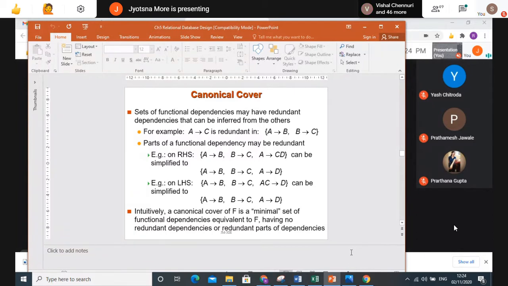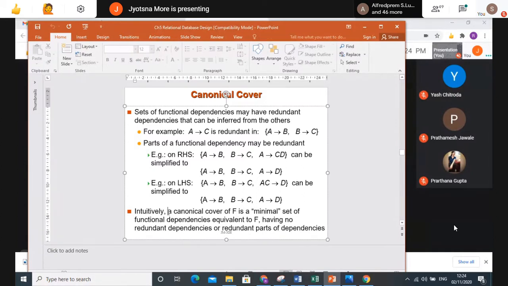There are a few formulas for finding out and removing the functional dependencies that are not required, or you can add more functional dependencies which are required. The total set of those functional dependencies is known as a canonical cover, where you remove unwanted functional dependencies or add more which are not present.